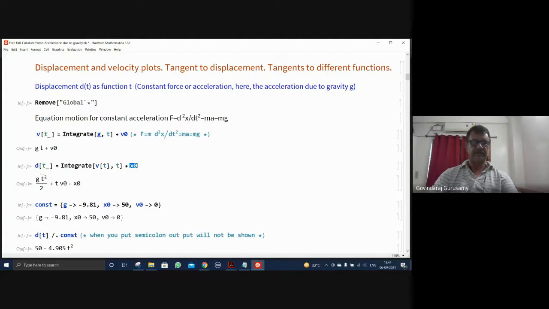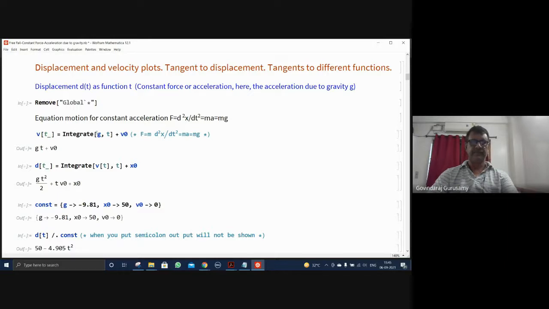So now from here we come to displacement. Substitute this velocity here, integrate again, add that. I'm getting this: half g t squared plus t v0 plus x0, where x0 is the constant which we introduced, the initial position. So we have a force which is constant here. Now, given this force, how do I find the velocity and the position or displacement?